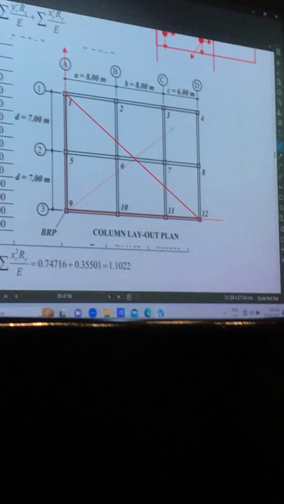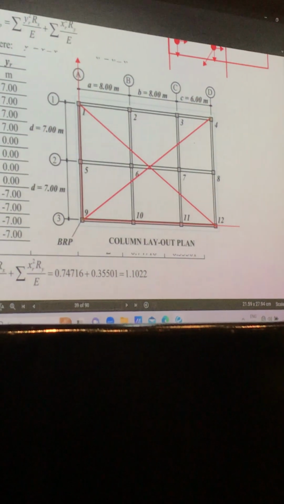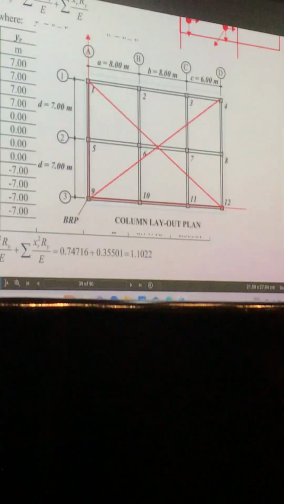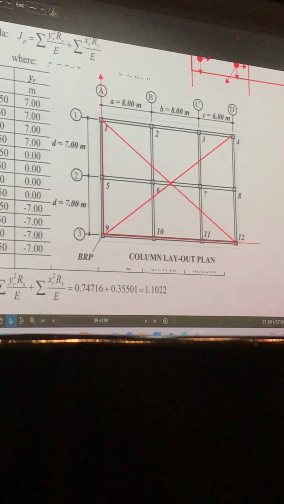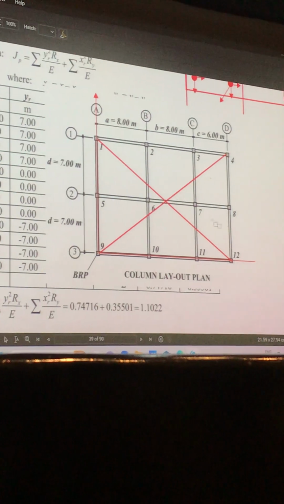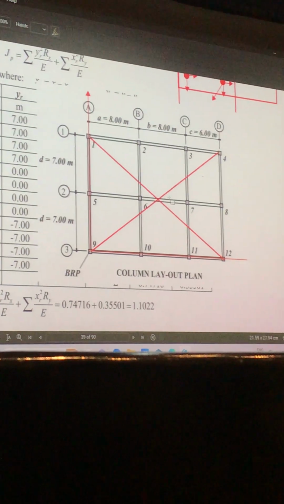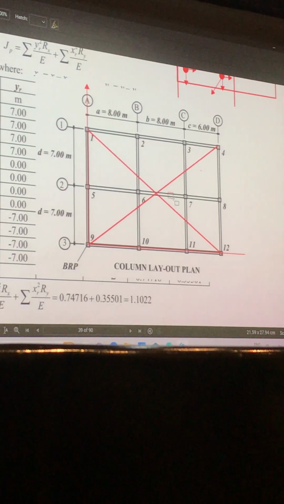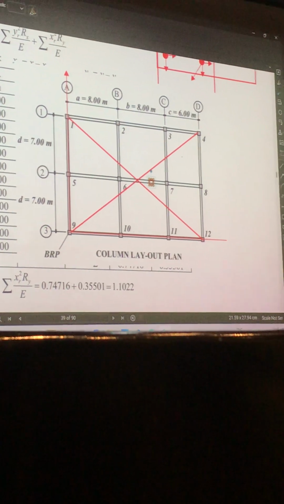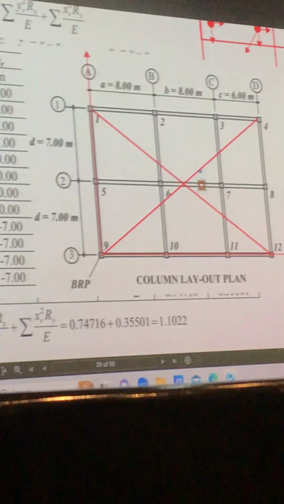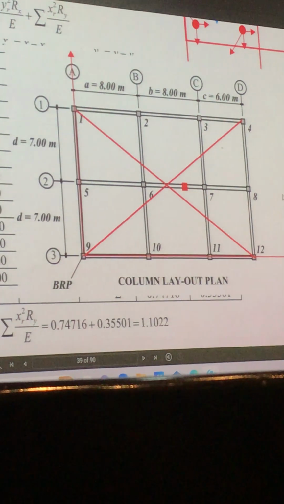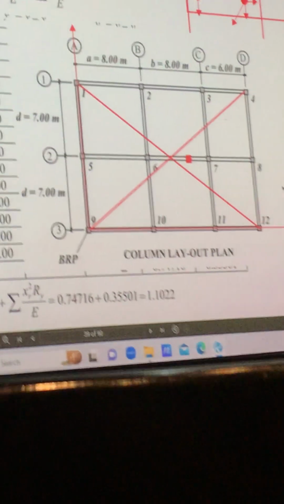Ang atong center of mass. Samtang ang atong center of rigidity, itong gamiton sa center of rigidity. Center of rigidity is located here, no? That is the location of the center of rigidity.